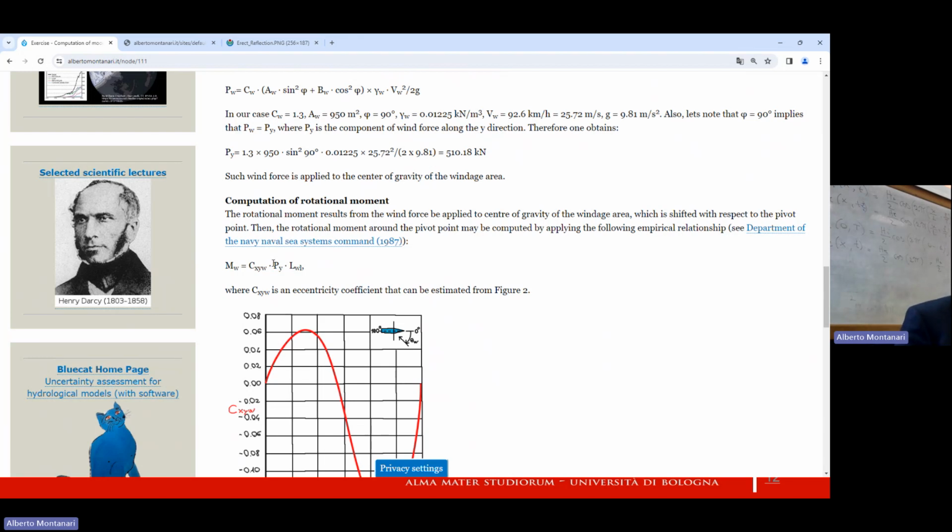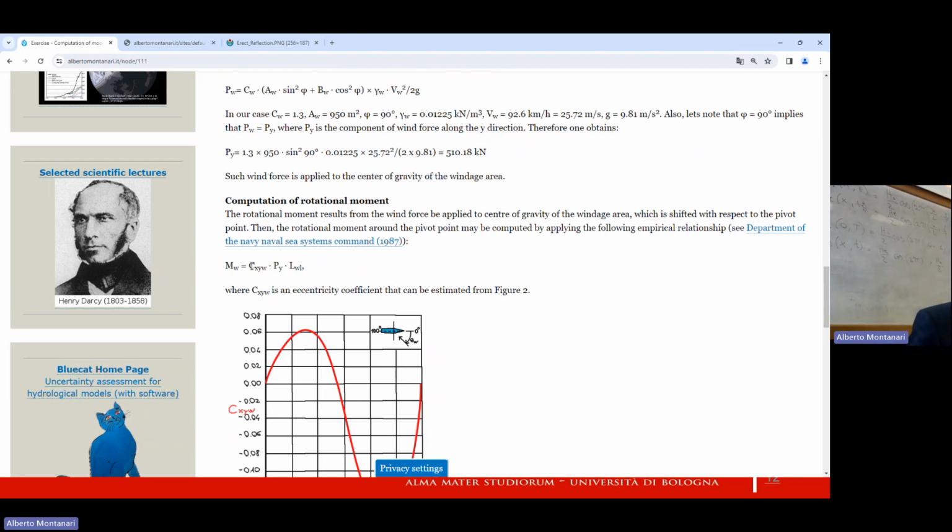Of the center of gravity of the wind edge area with respect to the pivot point. The pivot point is the vertical axis around which the ship naturally rotates. Of course, the position of the pivot point is not coincident with the point of application of the wind force, and therefore there is a rotational moment.